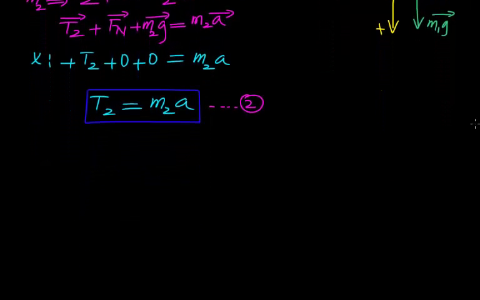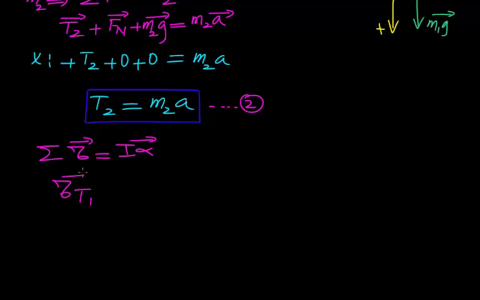The sum of the torques acting on the pulley equals I alpha. How many torques do we have? We have the torque due to T1 and we have a torque due to T2.